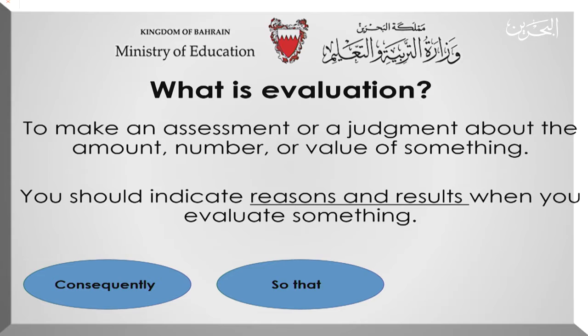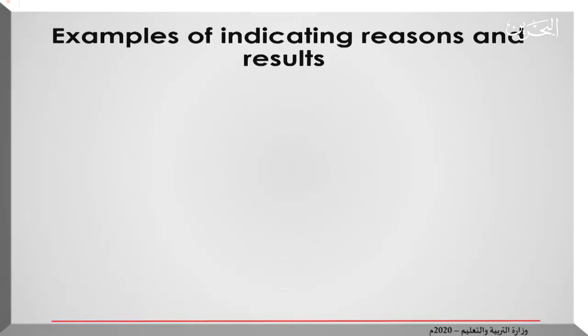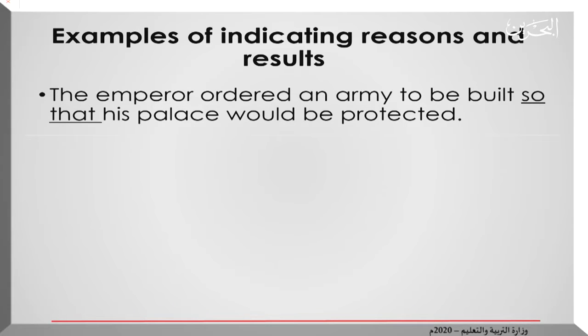Here you are giving a reason why any topic is. As a result, you are introducing a result of something. Now let me clarify with introducing some examples of indicating reasons and results.